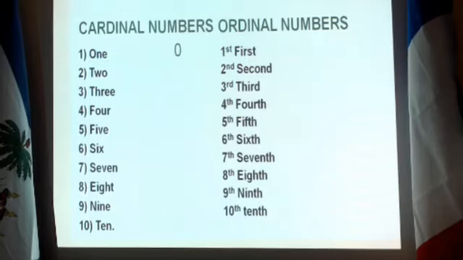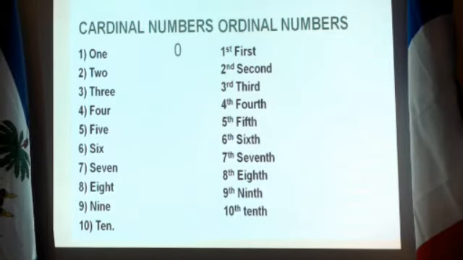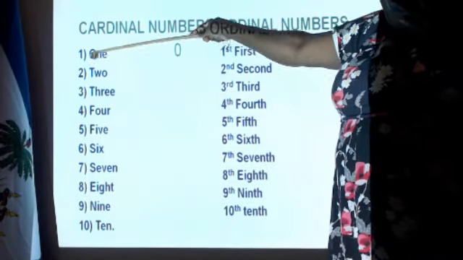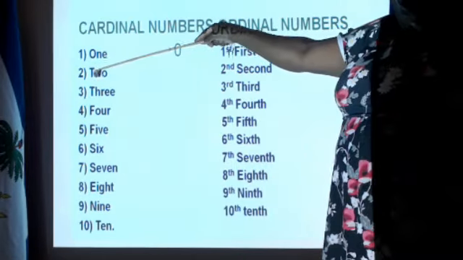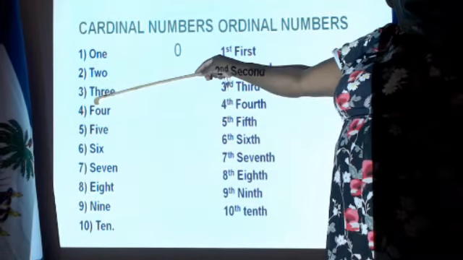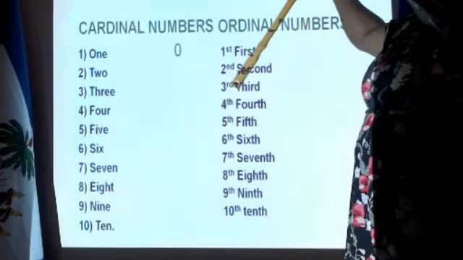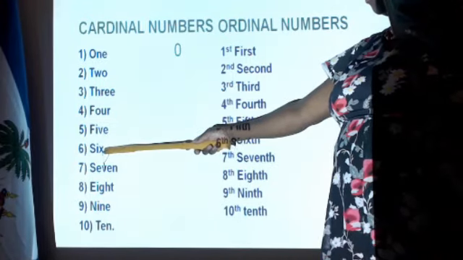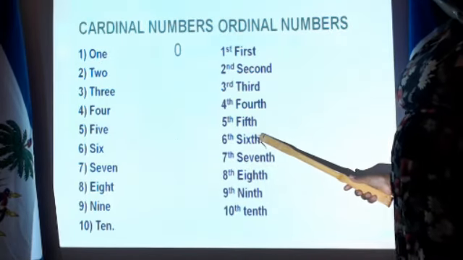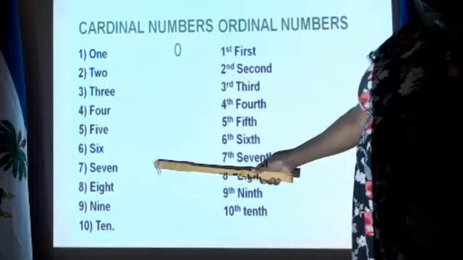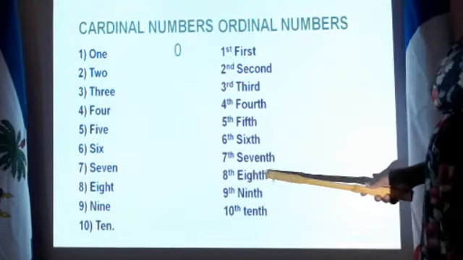Ordinal numbers refer to the order or position of something in a list. 0, 1, first, 2, second, 3, third, 4, fourth, 5, fifth, 6, sixth, 7, seventh, 8, eighth.